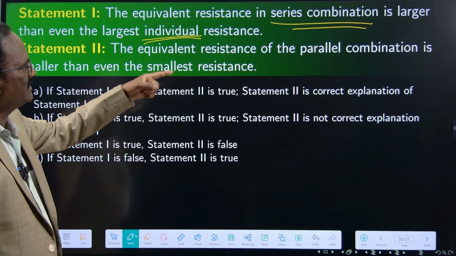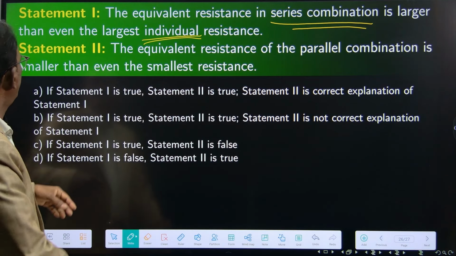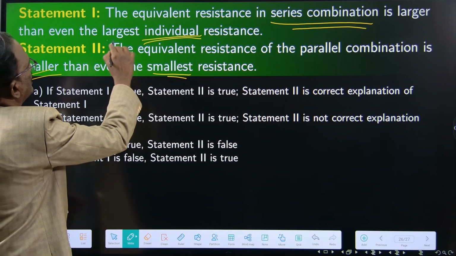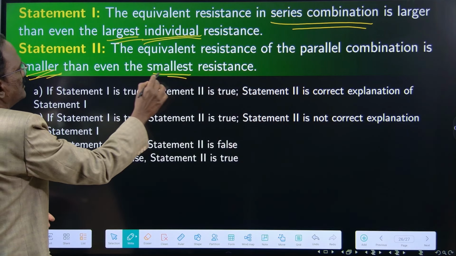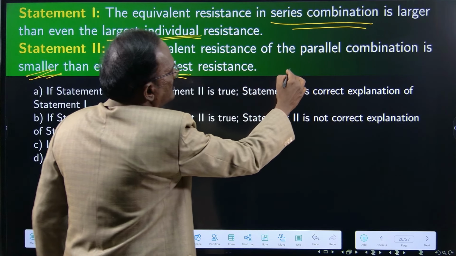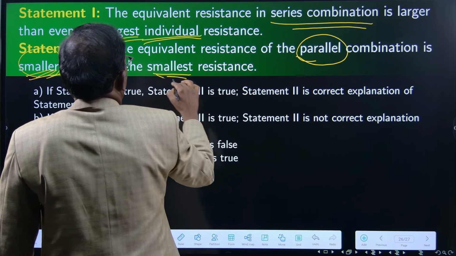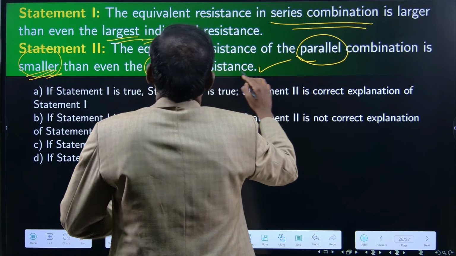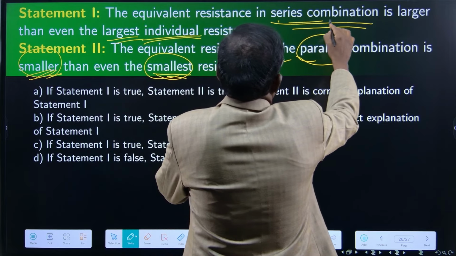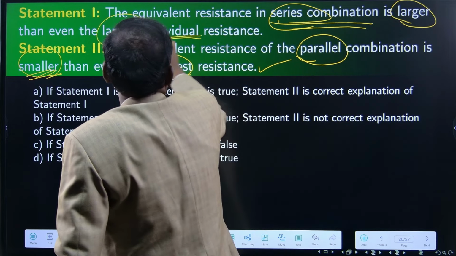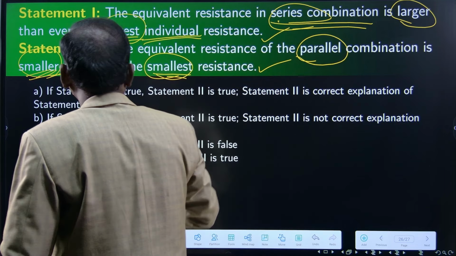Statement 2, the equivalent resistance of the parallel combination is smaller than even the smallest. So bigger than the largest for series, smaller than the smallest for parallel. This is also true. Both are true.